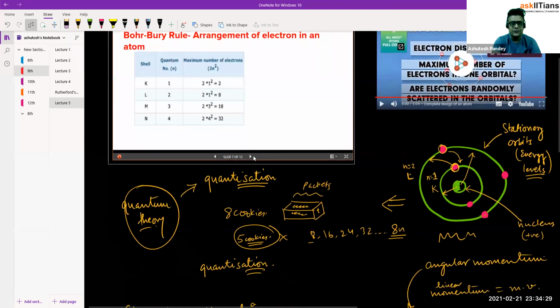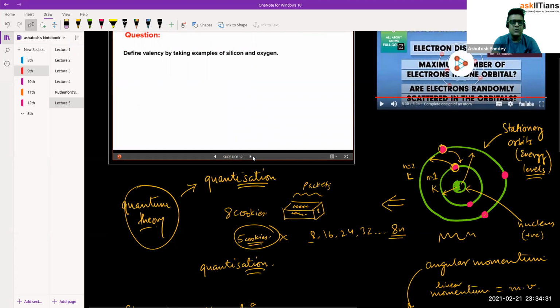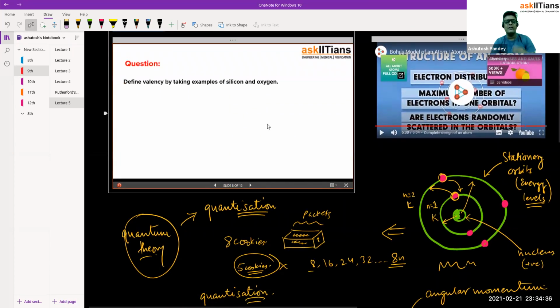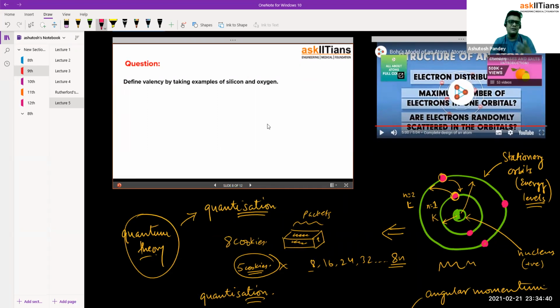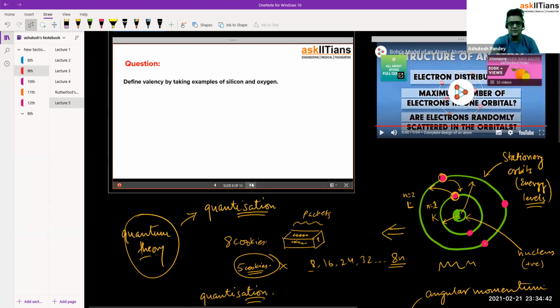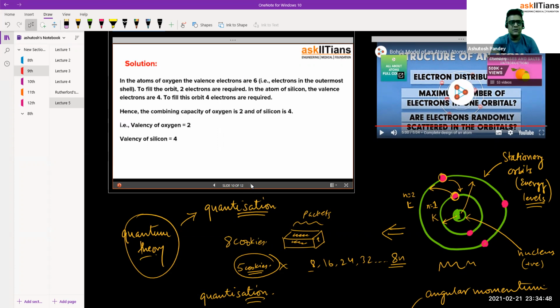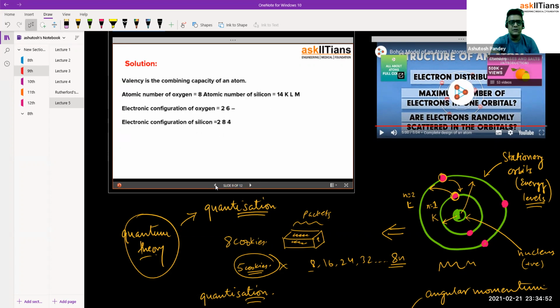Now the next question: define valency by taking the example of silicon and oxygen. We'll take up the valency topic in the next lecture.